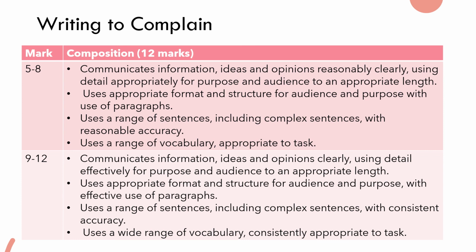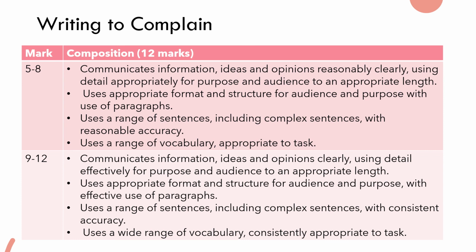Use a range of vocabulary appropriate to the task. So saying things like it's torturous, it's horrendous, and things like that really helps to get our views across and to make sure that it really communicates how angry you're feeling about this topic. There's not really a massive jump between the 5 to 8 and the 9 to 12. It's just doing things a little bit better, a little bit more effectively.